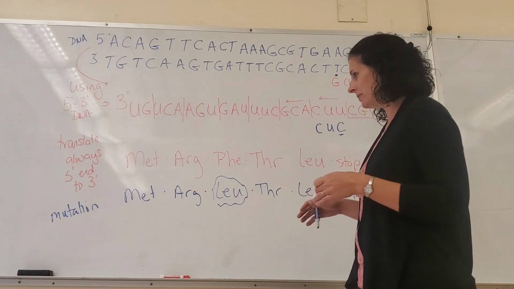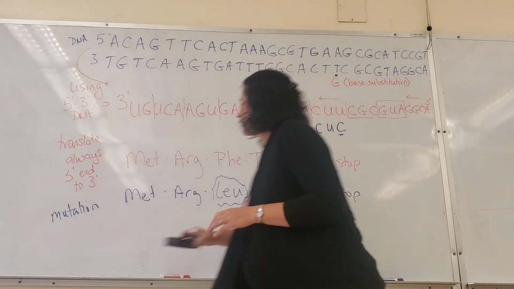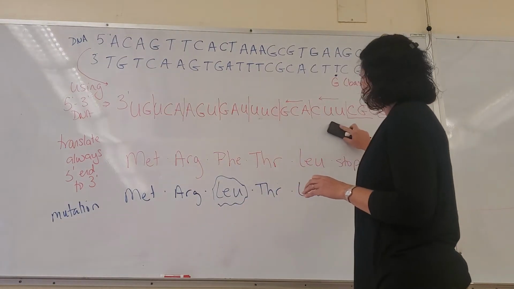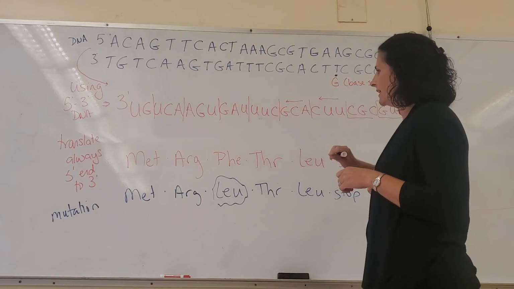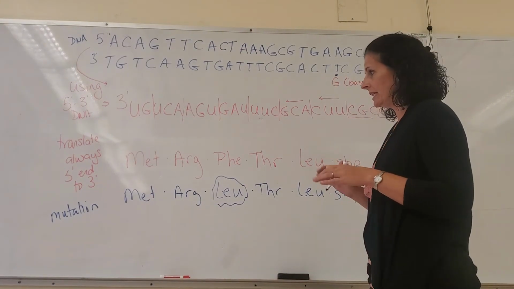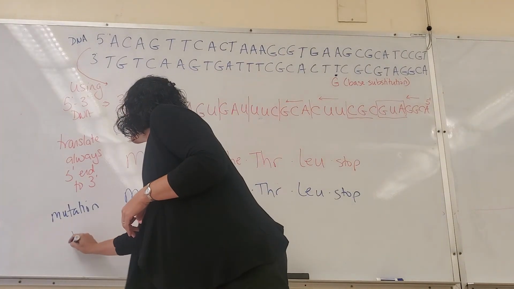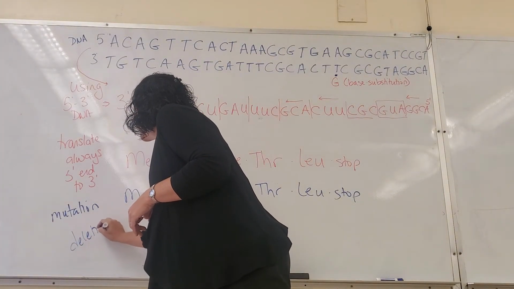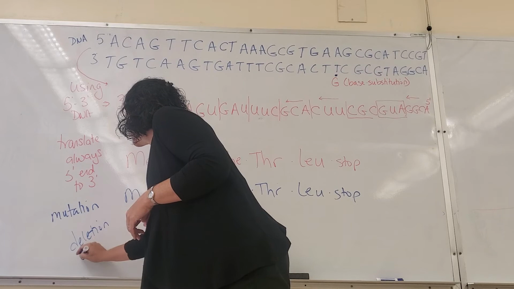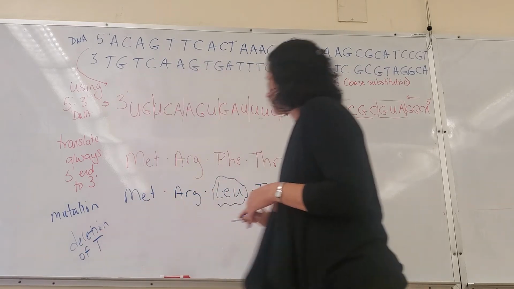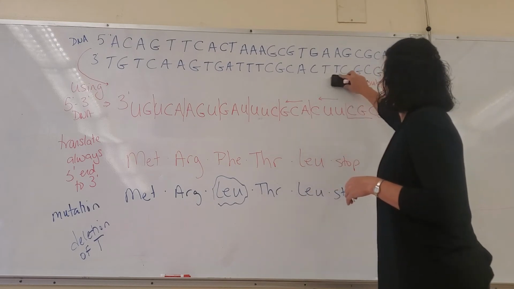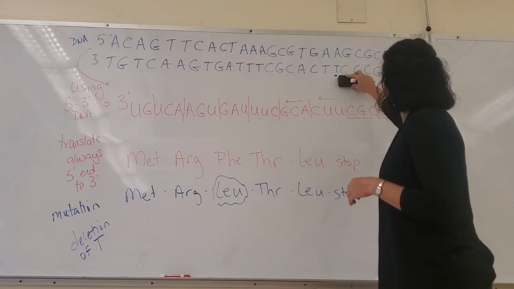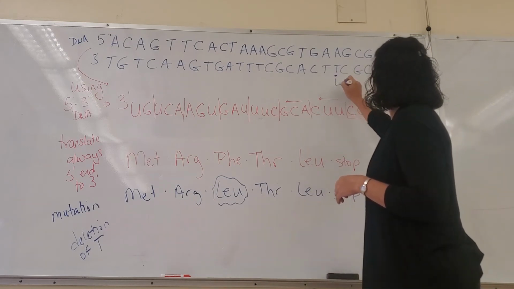Okay, now if we get a little bit more severe, let's say that now, instead of just changing that nucleotide, this T, now we're going to completely delete it. So if we delete this T on our DNA, we're not doing base substitution, now we're going to do a deletion.